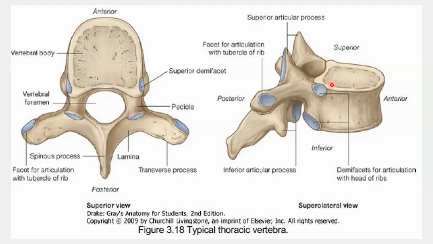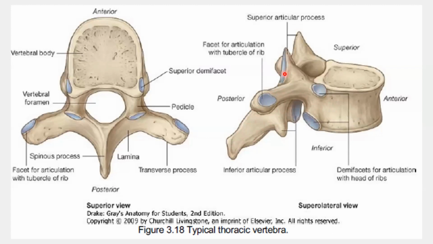This is the lateral view. You can see the vertebral body, the transverse process, and the spinous process. There are some areas which articulate with other bones. These areas articulate with the ribs. And this area is called the superior articular process.